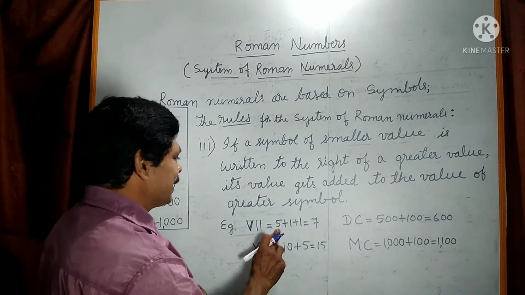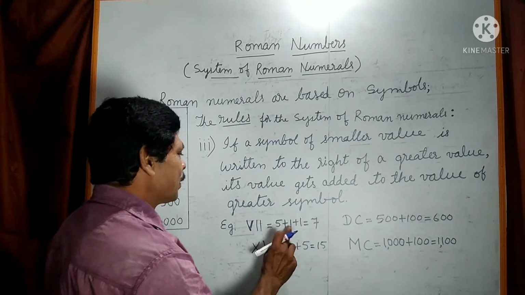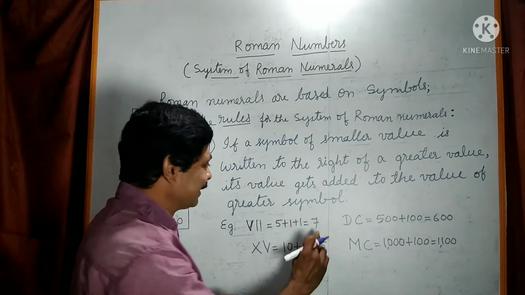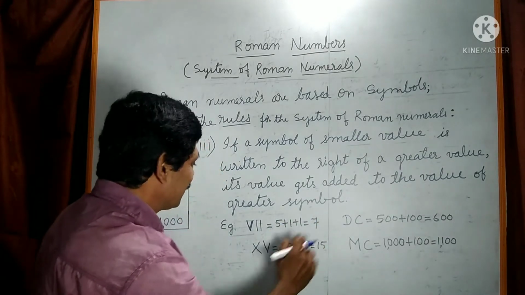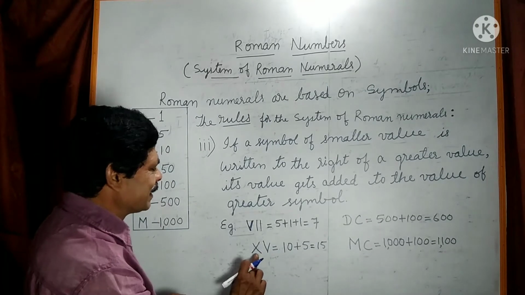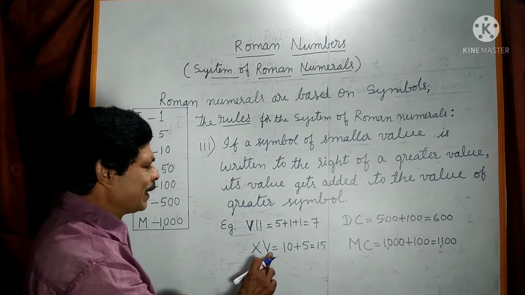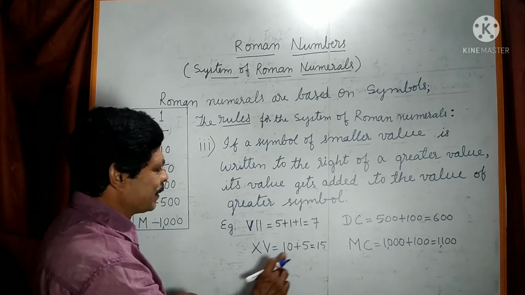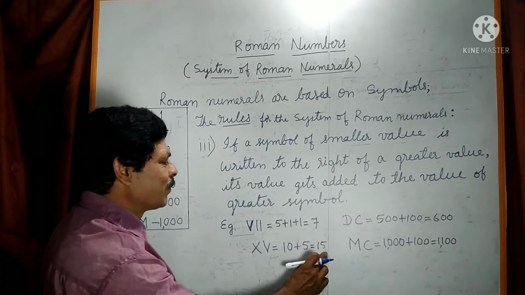See, this V is the 5 greater value symbol. I plus I, its value gets added, is equal to 7. Now, X is greater value and V is smaller value. X V means 10 plus 5 is equal to 15.